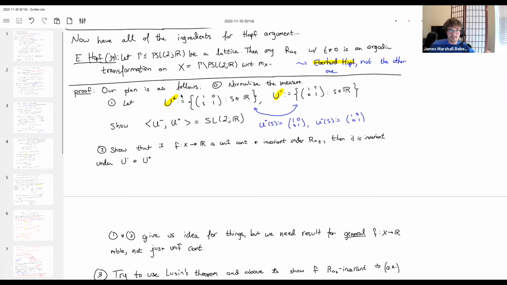So something I'm not really going to talk about, and I don't think they talk about in the book, but, oh, go ahead. As someone who's not very well versed in geometry, is the point of this observation that it's a nice basis that you can show things for two generators, like elements of U plus, which all appear to be almost the same, and elements of U minus, which also appear pretty similar?